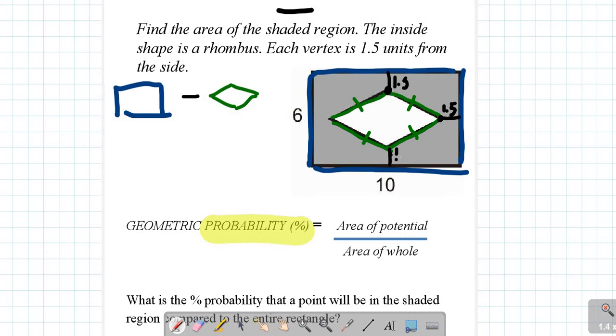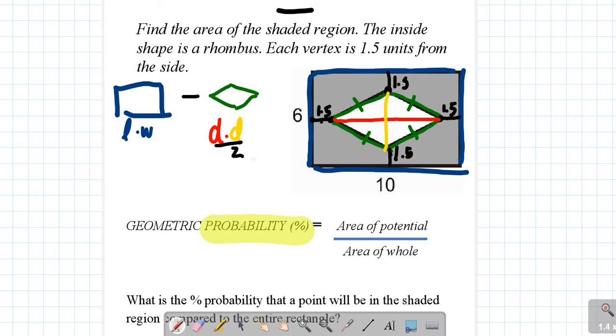So now we write our equations out. So you do your pictures. This is length times width. This one is going to be diagonal times diagonal over 2.